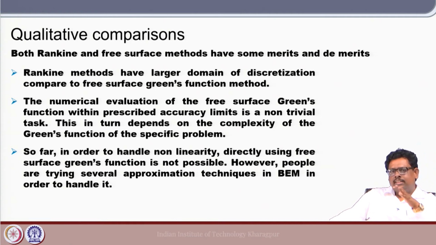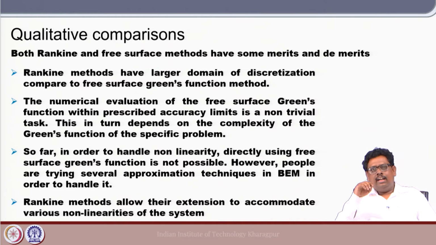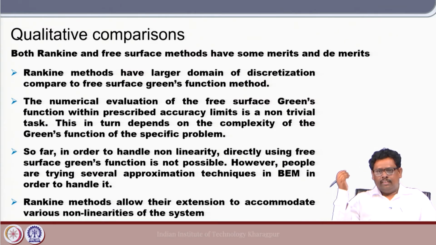Definitely we are going to discuss this in the future days. Okay. However, if you use the Rankine panel method, then these limitations we can overcome.